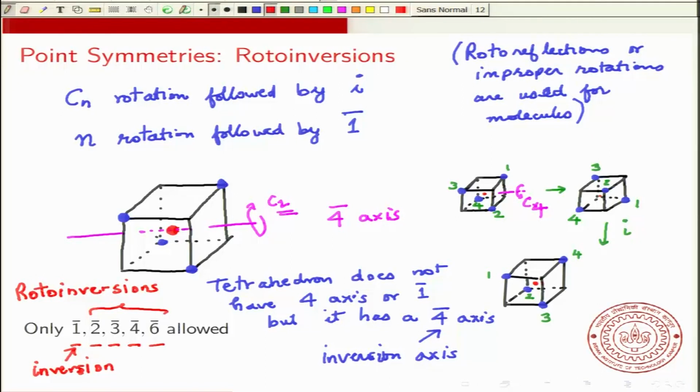So, with this we complete the whole set of point symmetries that are possible for a crystal. This will be the end of this lecture. In the following lecture I will start discussing the different conventions.